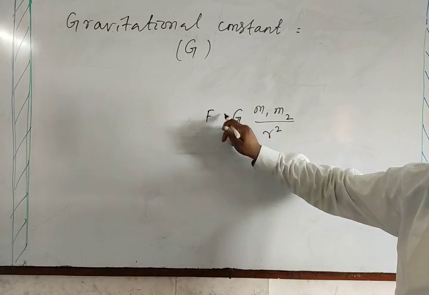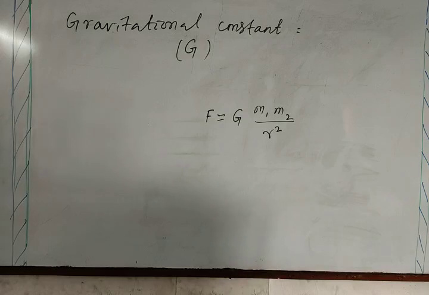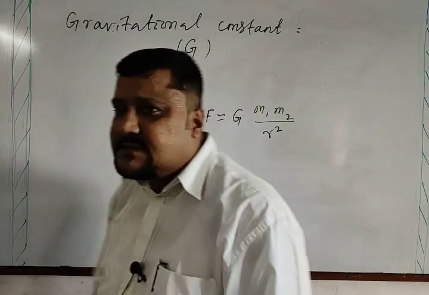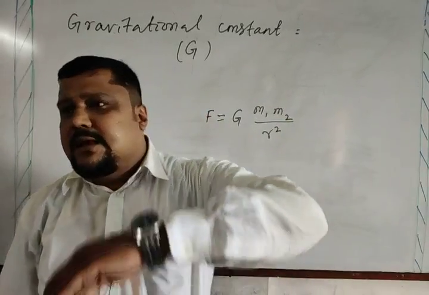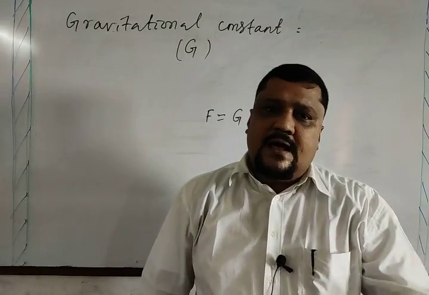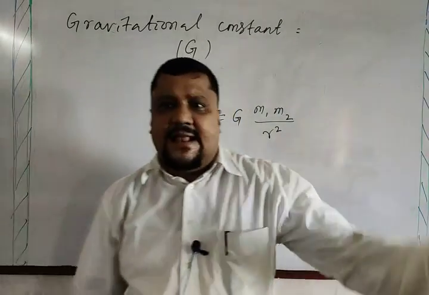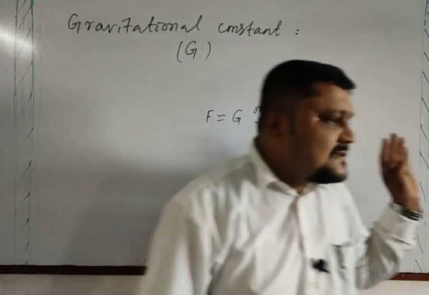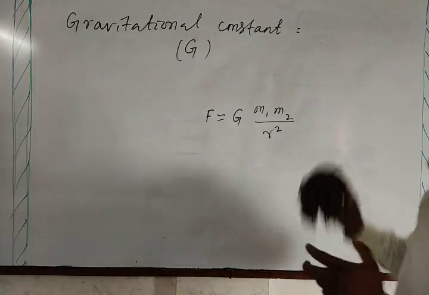If you make it equal, you have to multiply by a constant, that is called the gravitational constant. And this is a universal constant, meaning it is applicable on the surface of Earth, on other planets, and if you go to a galaxy or any other star, it is also applicable. This law is also called a universal law.